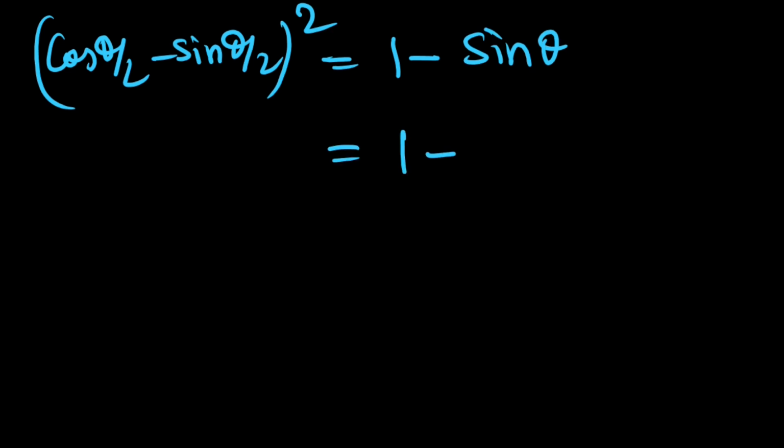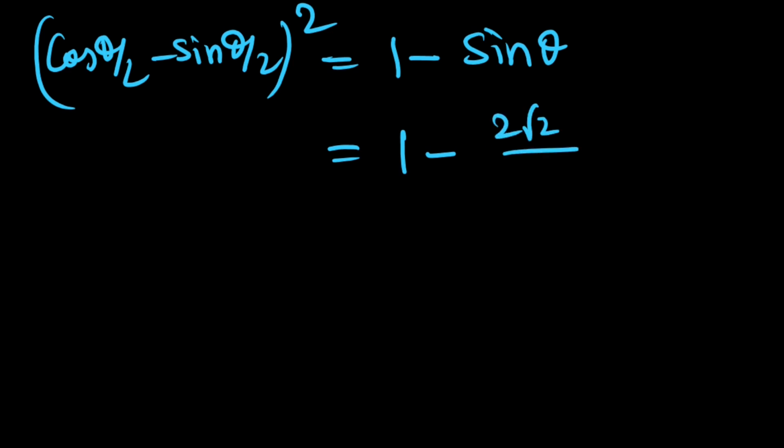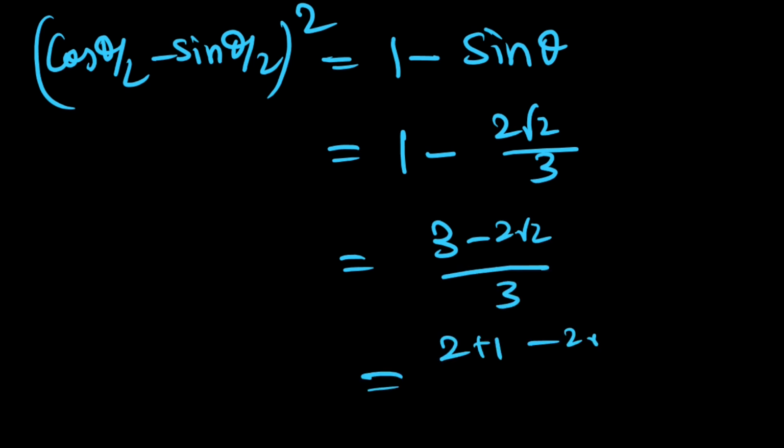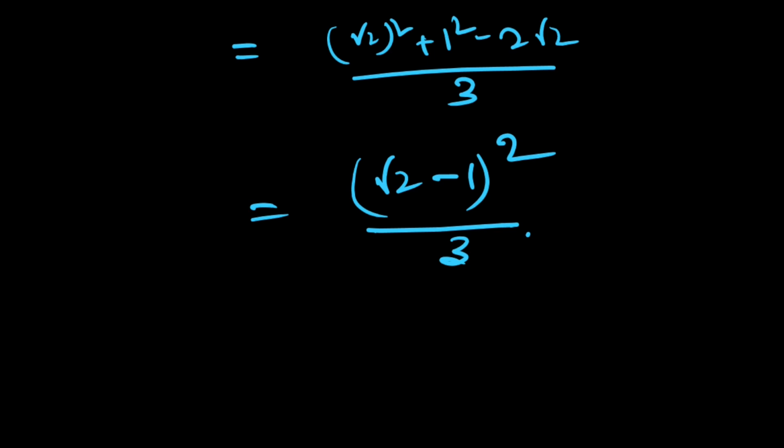That value, 1 minus sin theta, is 1 minus 2 root 2 over 3, that is 3 minus 2 root 2 over 3, that is 2 plus 1 minus 2 root 2 over 3, that means root 2 square plus 1 square minus 2 root 2 over 3, that is root 2 minus 1 whole square over 3, which is cos theta by 2 minus sin theta by 2.